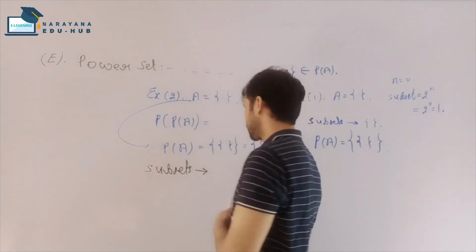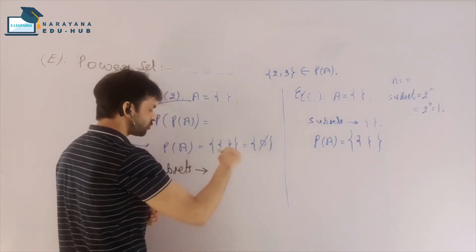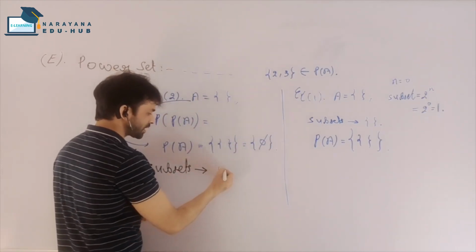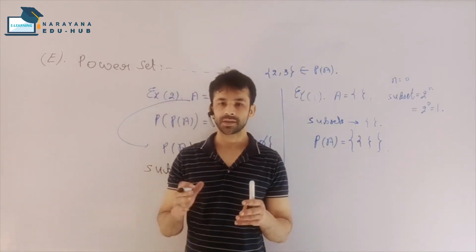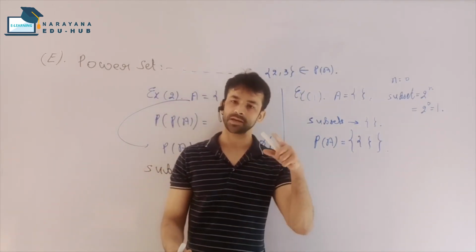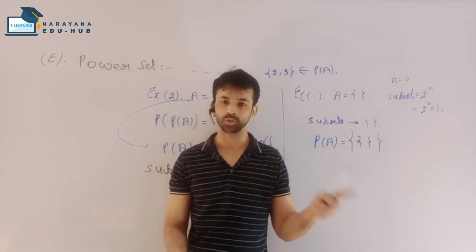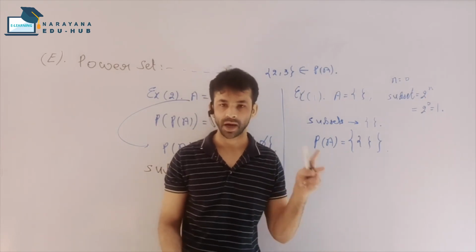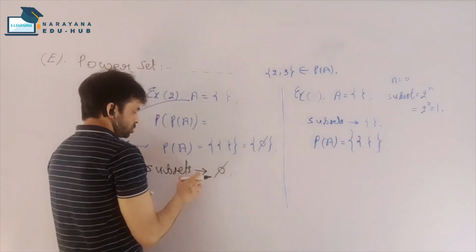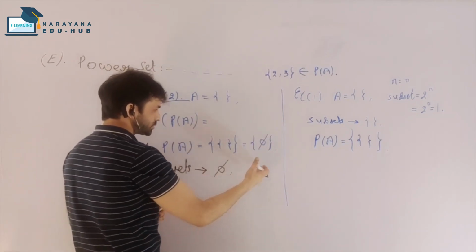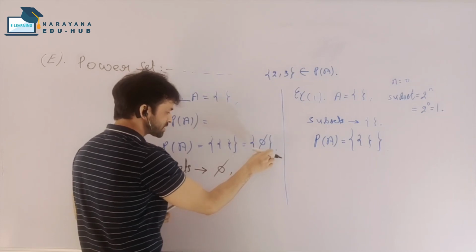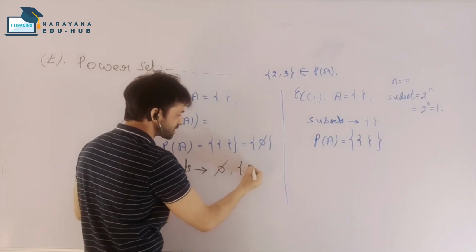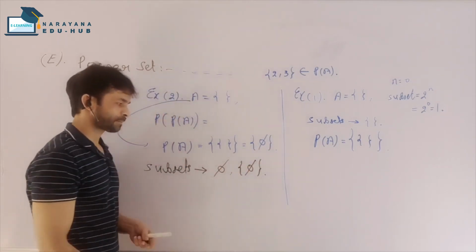Right? So I am writing subsets. First of all, without thinking, I will write phi, null set is always a subset. Null set is always a subset, and the set itself is always a subset. These two things you have to always keep in mind. This has only one element, so set of one element, that will be the set itself. So that will be the set itself. This thing.